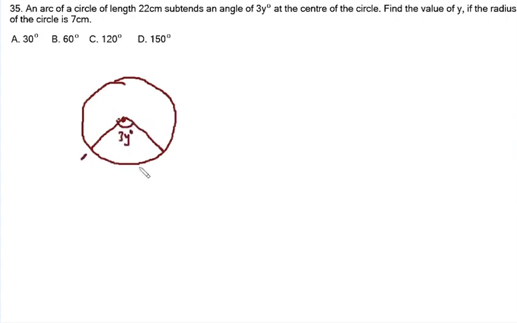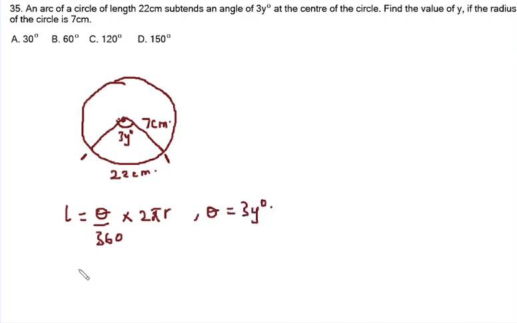The length of this arc is 22 cm, and the radius is 7 cm. We can get the angle here by using the formula for length of an arc, which is simply theta over 360 times 2 pi r, where theta here is 3y degrees.